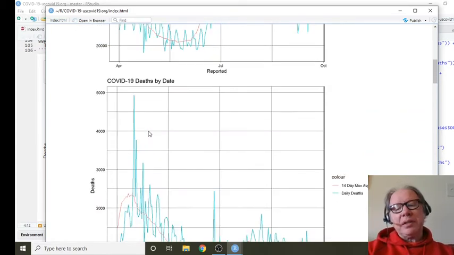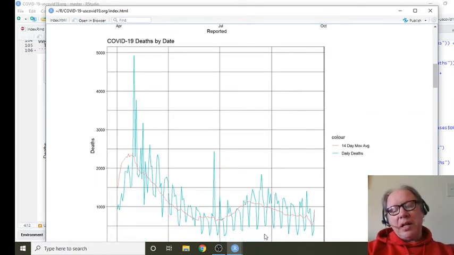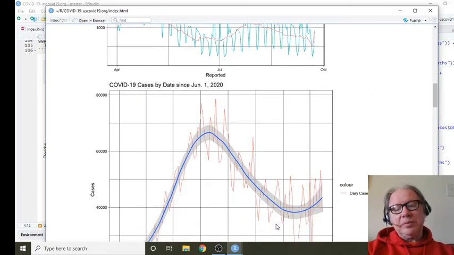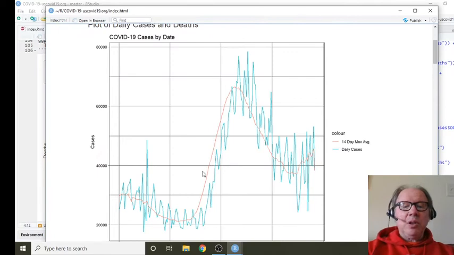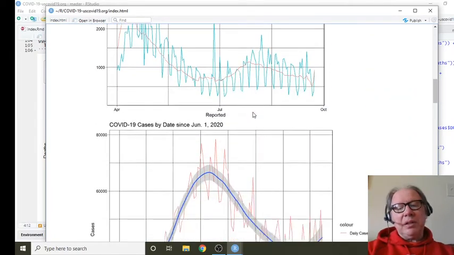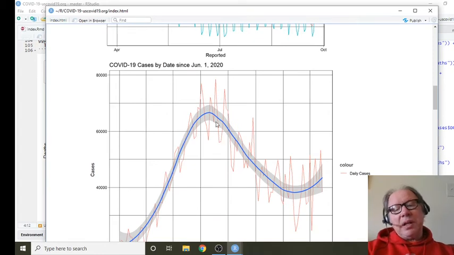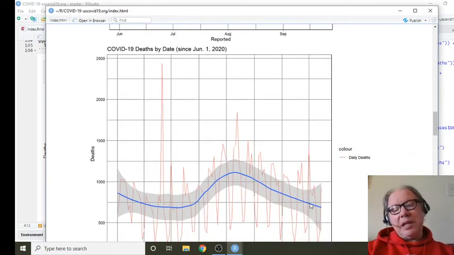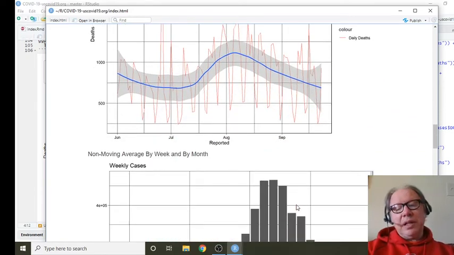Trending up here in cases, a little bit of a trend down in deaths, which is, we had a huge spike here, right? Yet the deaths remain low. Okay, good. Current spike, loess fitted curve, showing an uptrend for cases and a continuing downtrend for deaths.